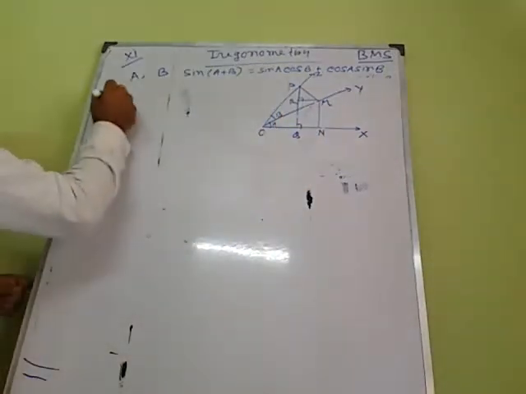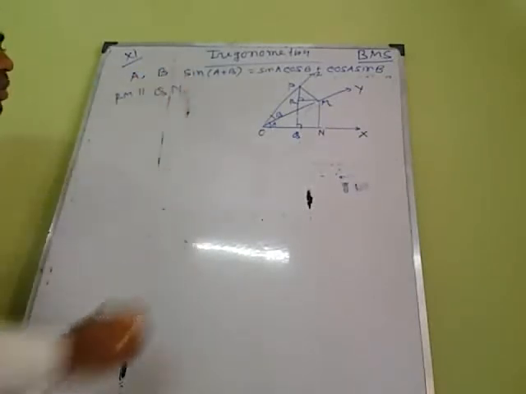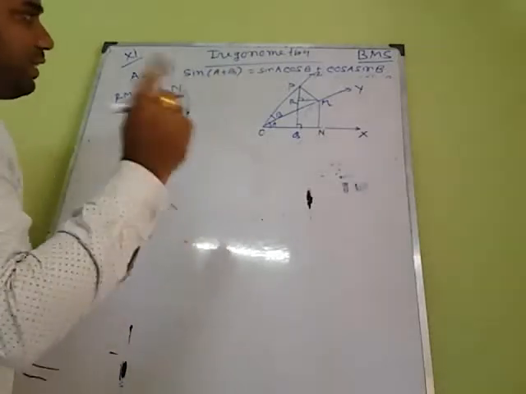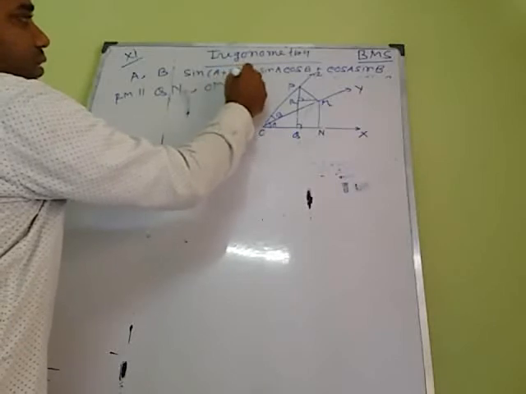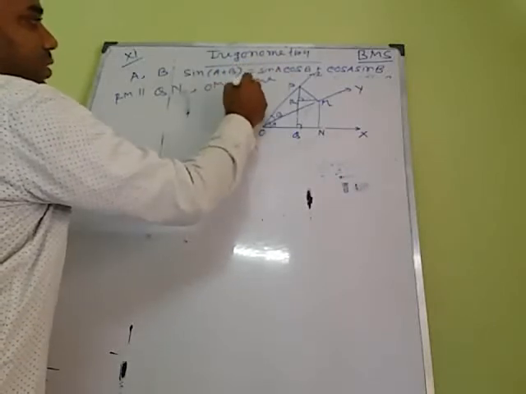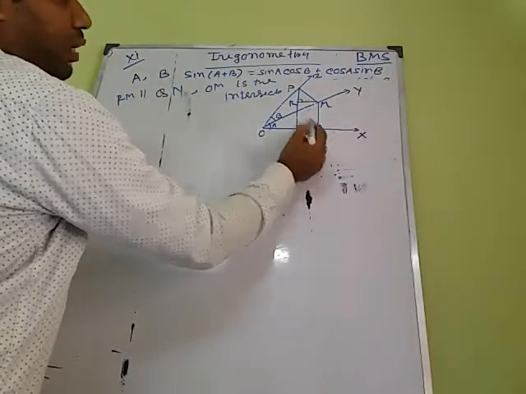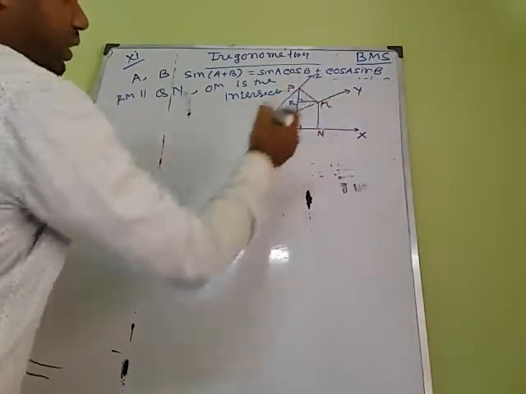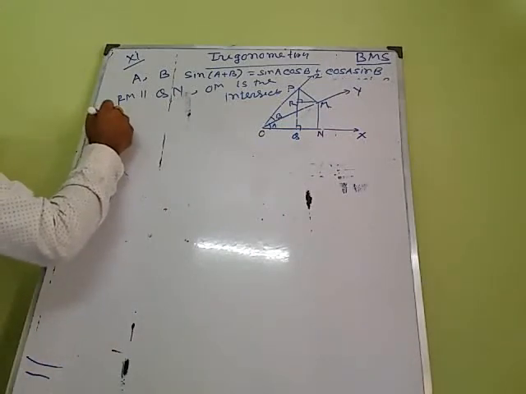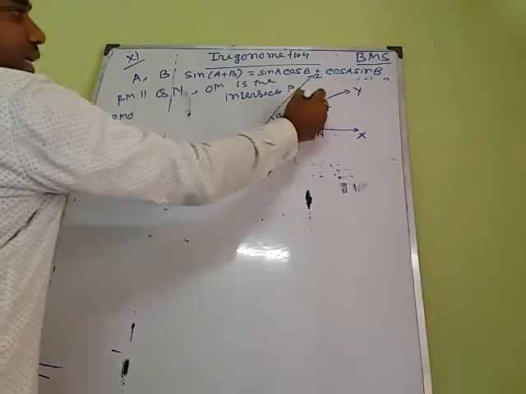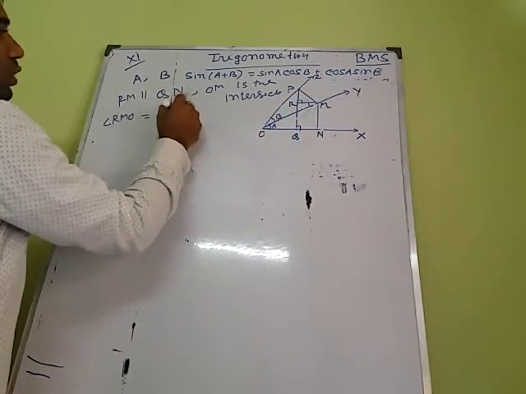Now one thing, students, it is clear that these two angles are 90 degrees. It shows that RM is parallel to QN, and OM is the transversal. RM parallel to QN and OM is the transversal, then angle RMO equals angle MON.